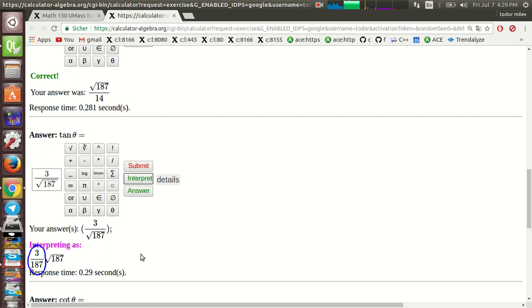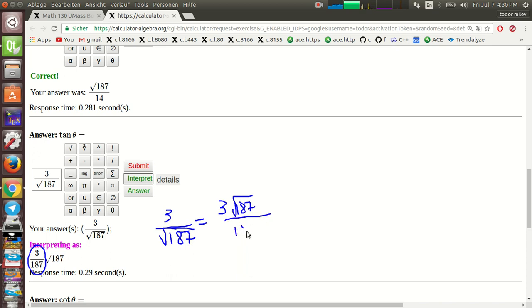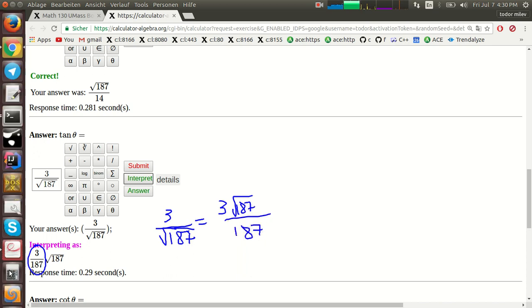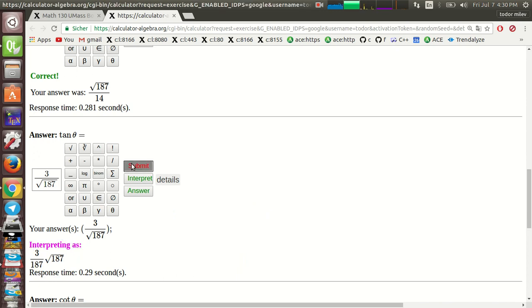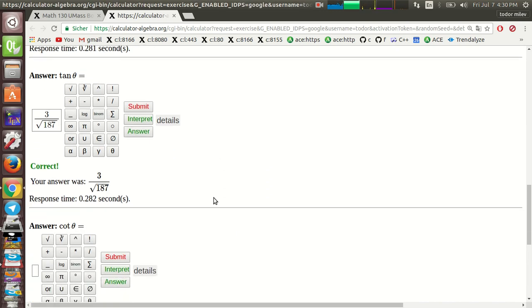But on an exam, you do want to transform 3 over radical of 187 into 3 times radical of 187 divided by 187. And you can see that transformation is automatically done for you by the calculator. Okay, that went through as well.